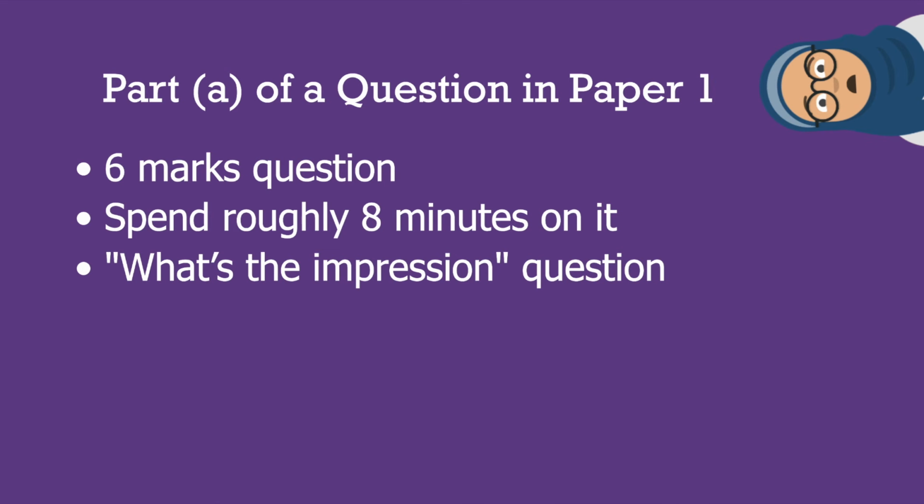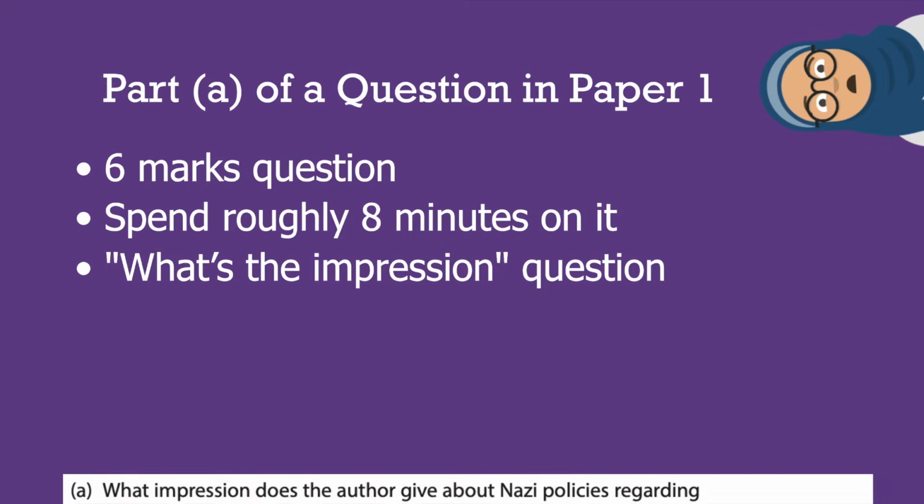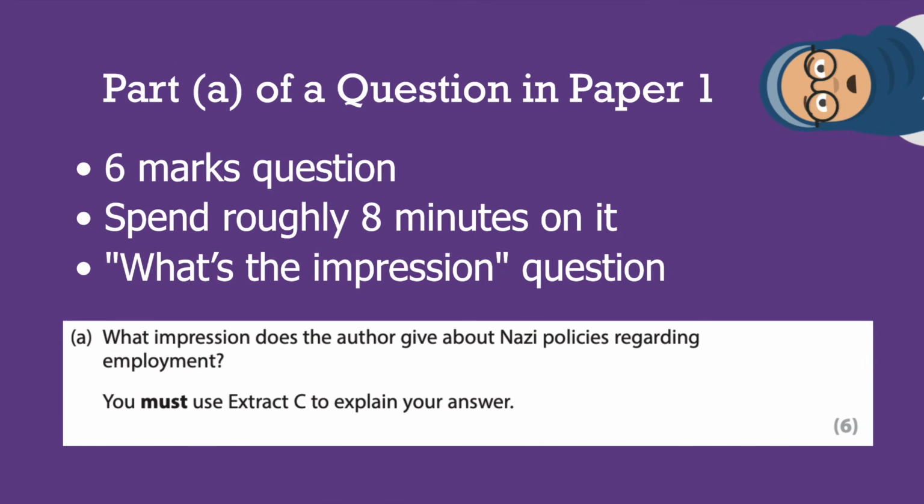This question is a what's the impression question, so you will be asked what's the impression of the extract that's provided. The first part A is going to ask you what's the impression that the author has given about that extract, and here's just an example related to the previous extract. What impression does the author give about Nazi policies regarding employment?